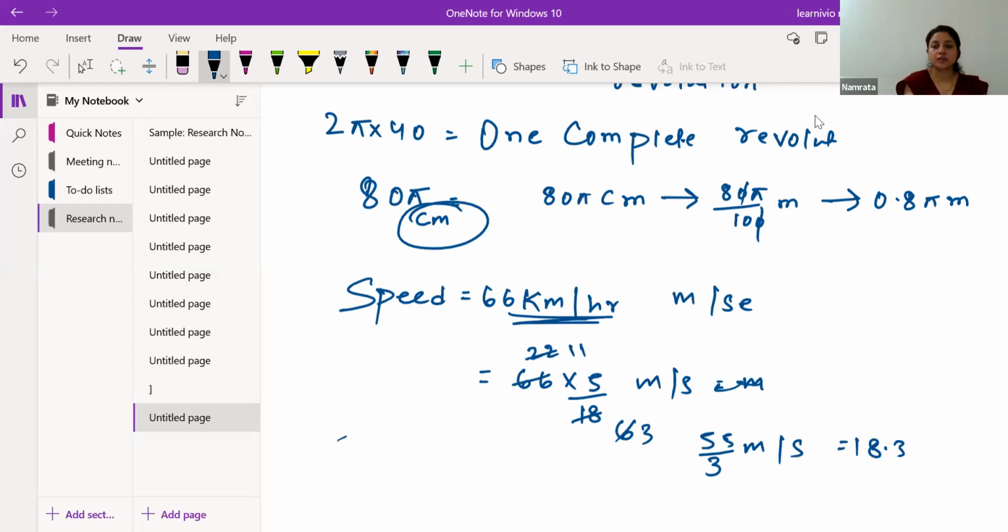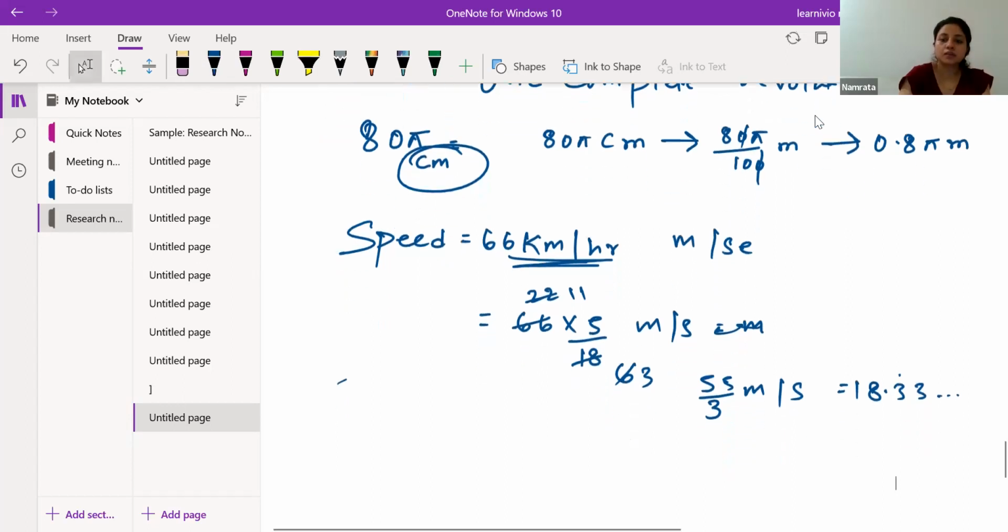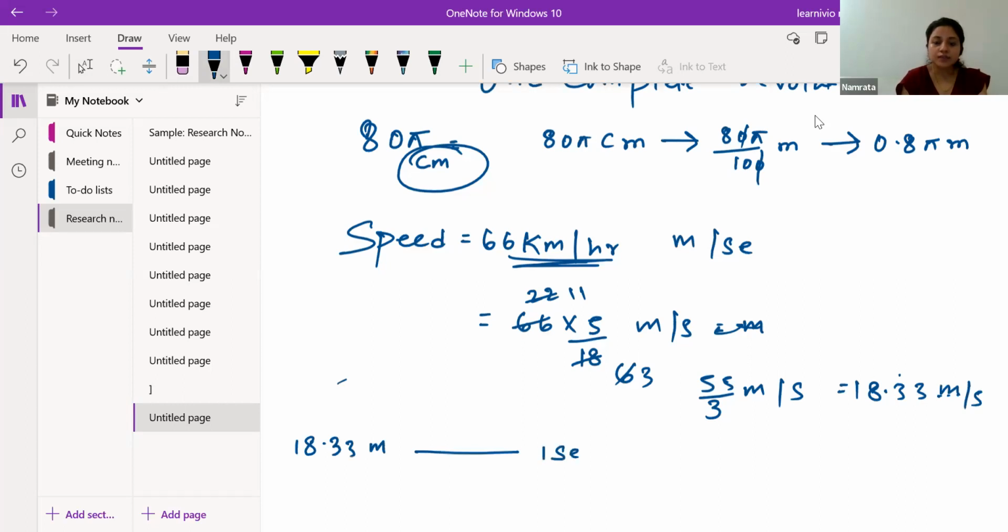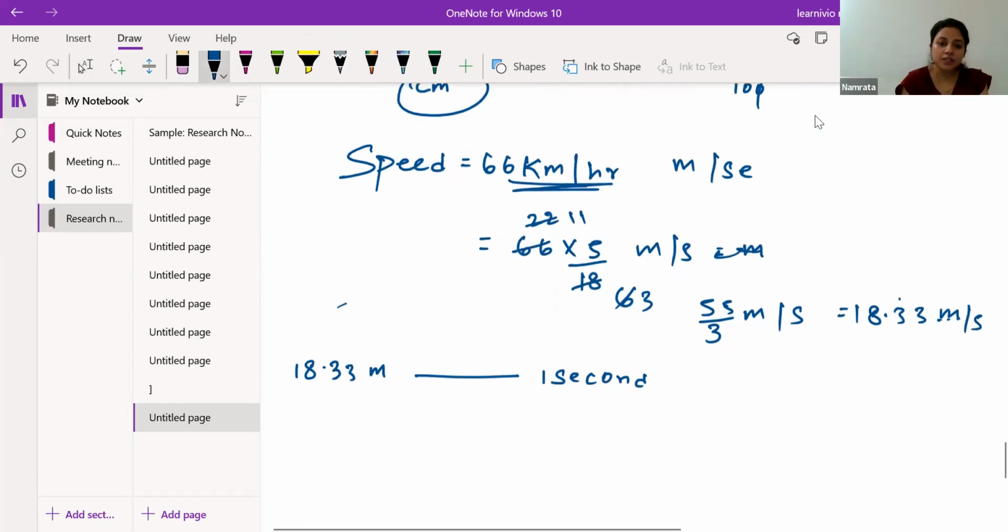The speed is 18.3333, a recurring decimal, meter per second. So we can say in 1 second the car is covering 18.33 meter. Then how many minutes are given?